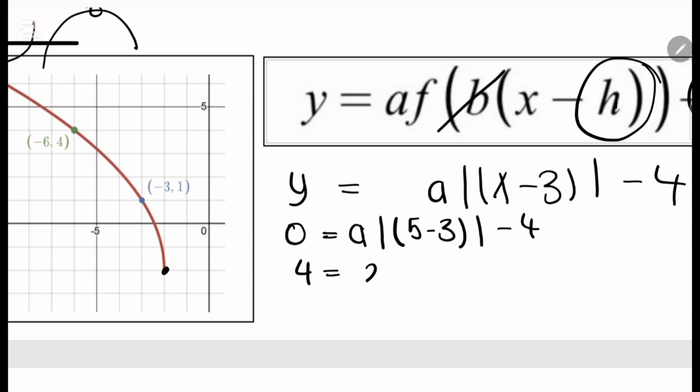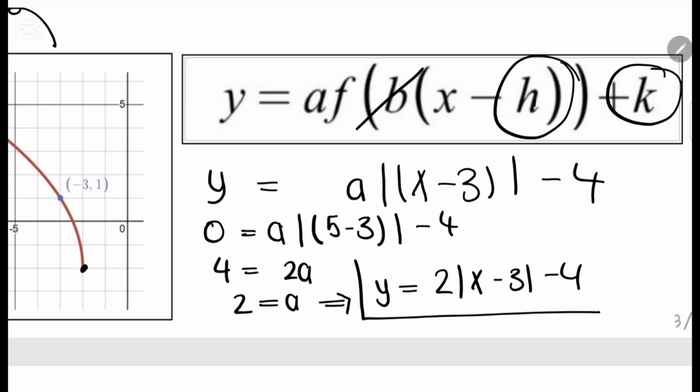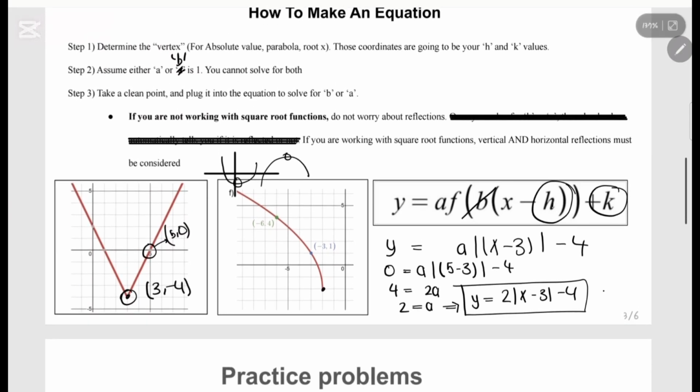Rearrange that: 2a equals 4, so a equals 2. So we're going to get y equals 2 absolute value of x minus 3 minus 4. That's going to be your equation. Okay, it's that easy.